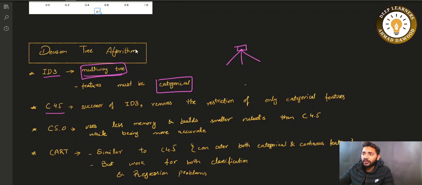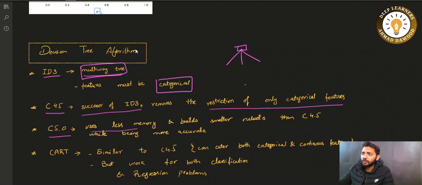There is another version of that, which is C4.5. It is the successor of ID3. It removes the restriction of only categorical features, so it is also able to cater to numerical independent variables. There is another algorithm, C5.0, which is a more optimal version of C4.5.